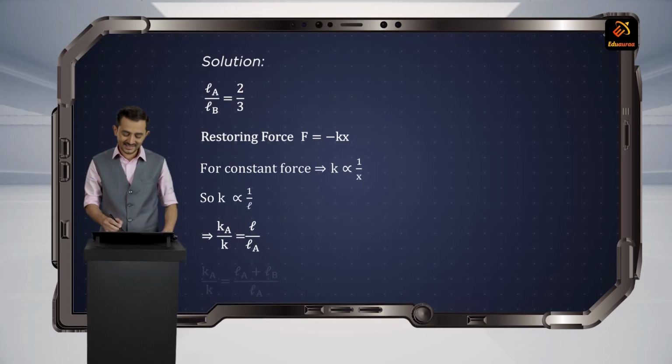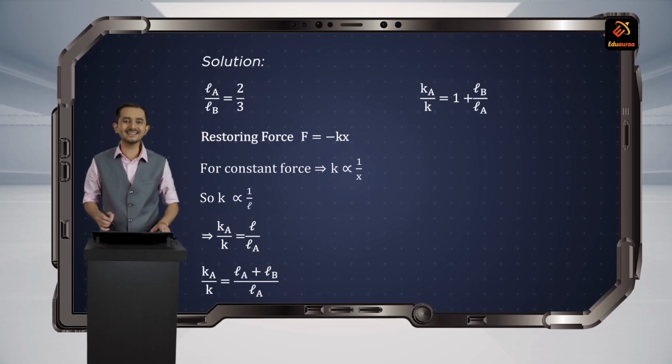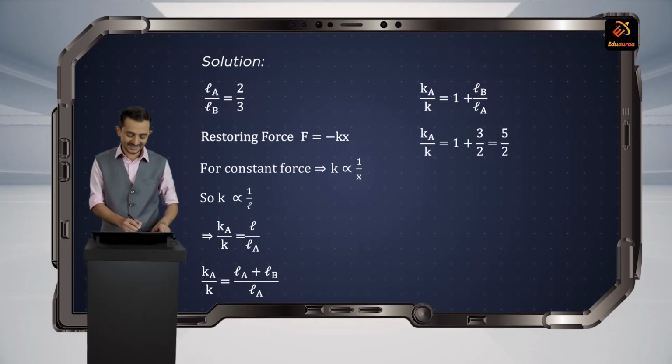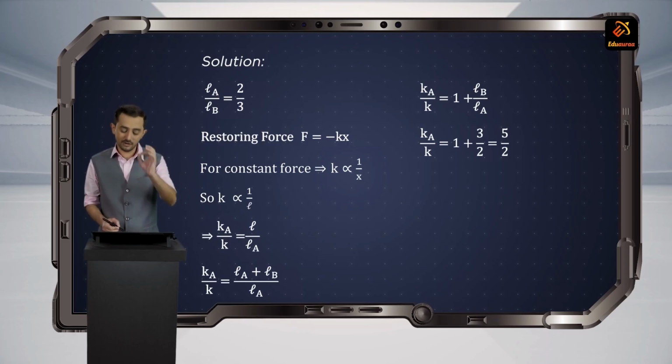So we can say L is actually equal to LA plus LB, the whole upon LA as it is. We can split it: LA divided by LA, which is 1, plus LB divided by LA. So students, on the left hand side we have Ka divided by K. So Ka divided by K equals 1 plus the ratio of length of B to length of A, which is 3 by 2.